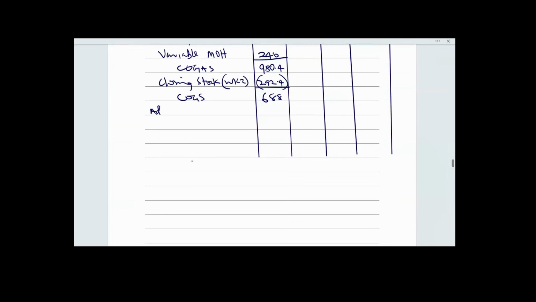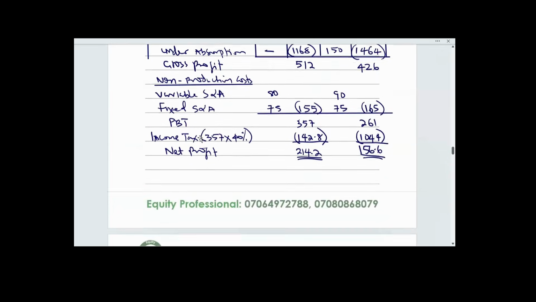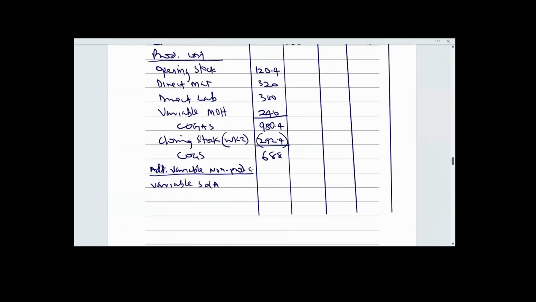In the question, we have variable selling and admin expenses, and we calculated 80,000 in 2008.